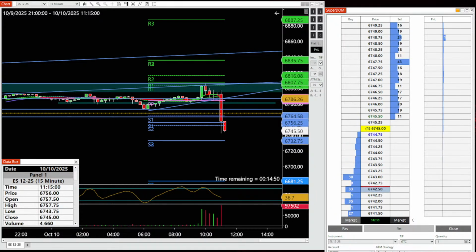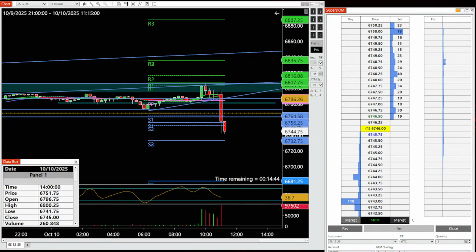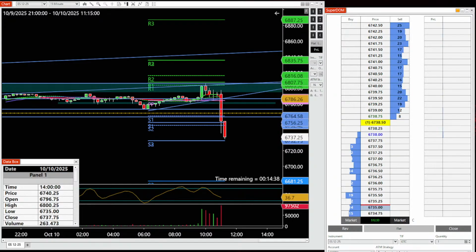Look at this. To S3. It's just dumping. Nowhere to get in. Nowhere to get out.